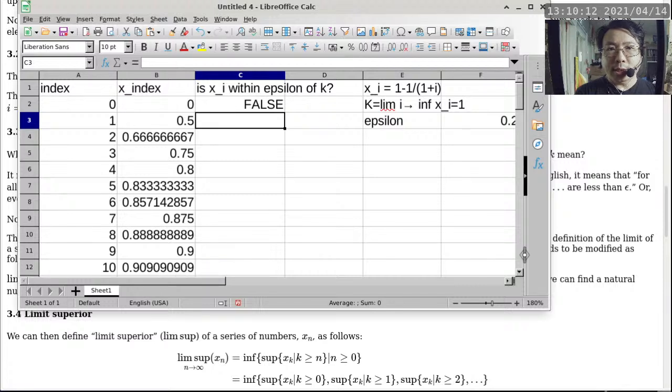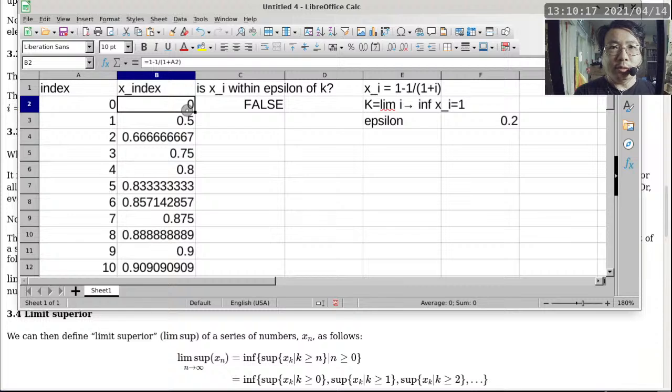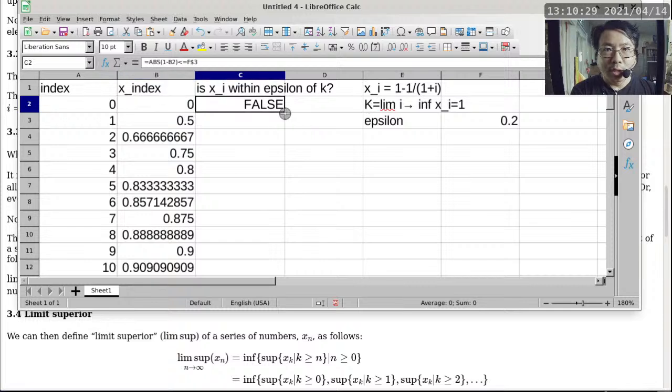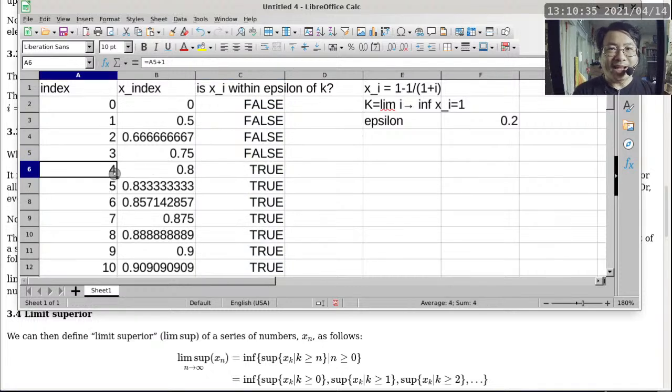At this point, you can see that x0 doesn't work for us, because it is exactly 1 away from k, which means it is not within 0.2 away from the limit. So the answer is false. If I just double click this, you can see how quickly I can say, I have just found my m.